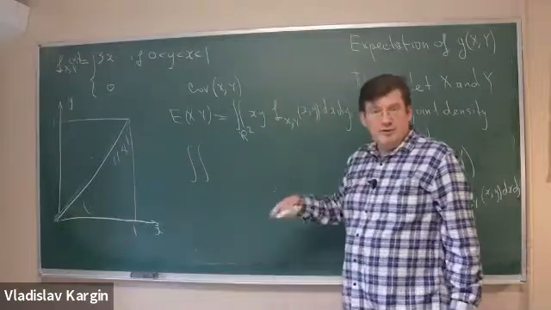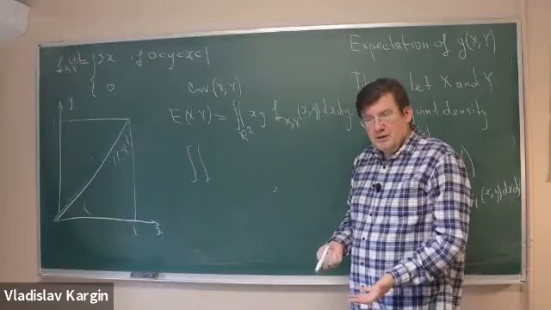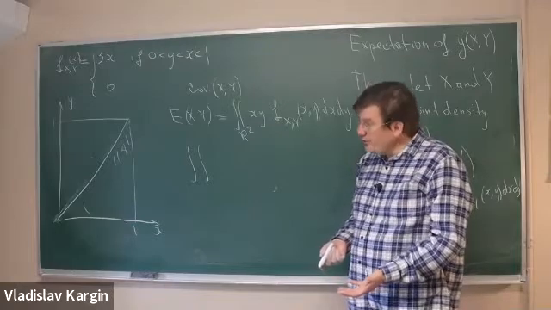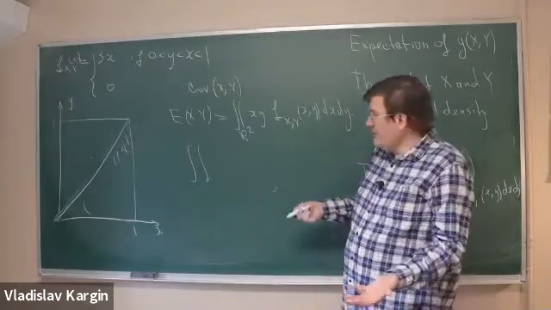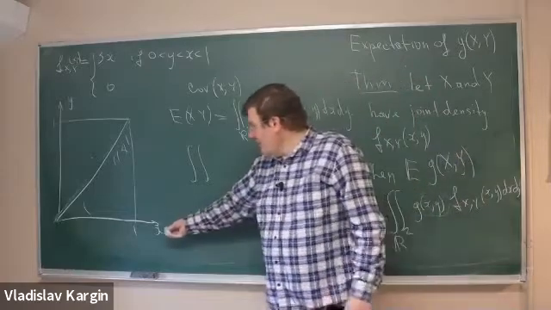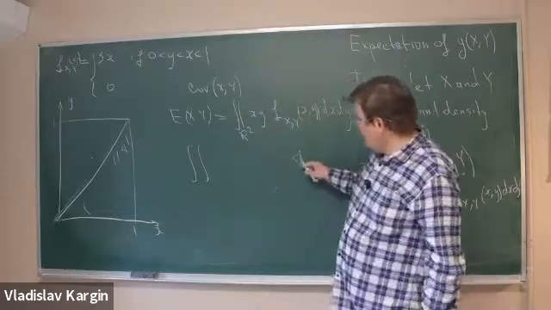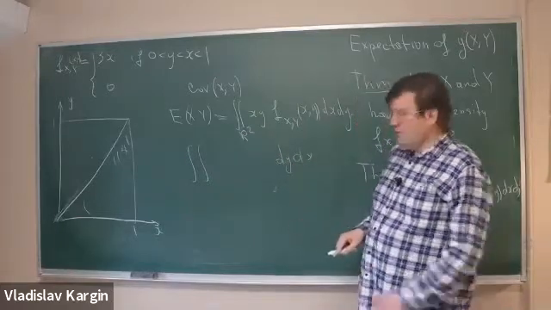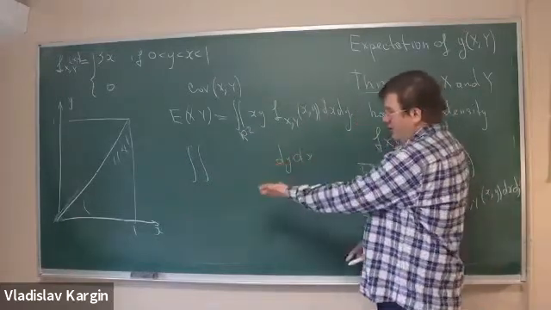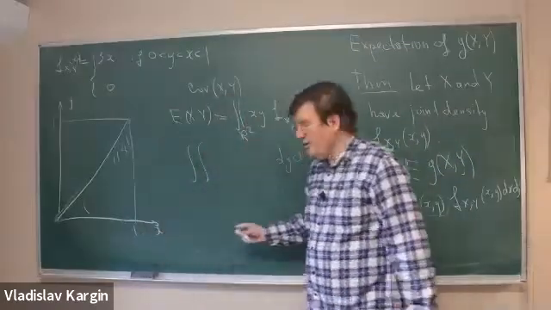Writing a double integral, you need to write it down as an iterated integral. So you need to choose what's the outer integral and what's the inner integral. Let us choose the outer to be over dx, and the inner over dy. So for the outer, x is between 0 and 1.